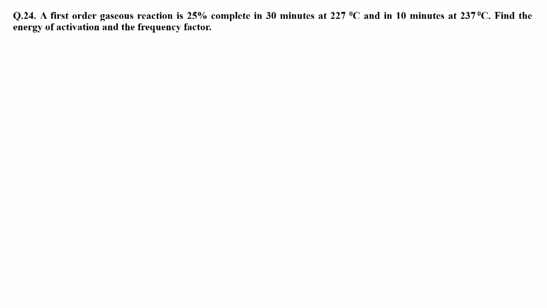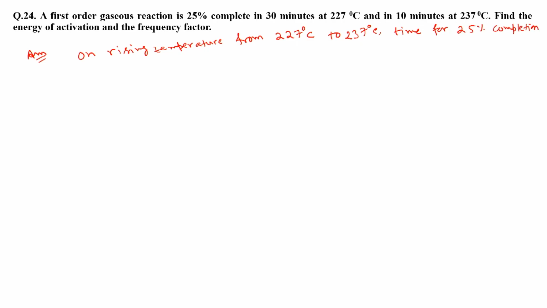Okay, so on rising temperature from 227 degrees Celsius to 237 degrees Celsius, the time for 25% completion reduces from 30 to 10, which means 3 times.